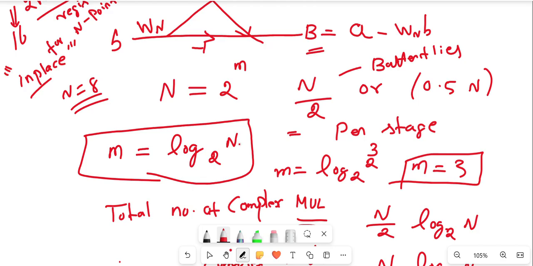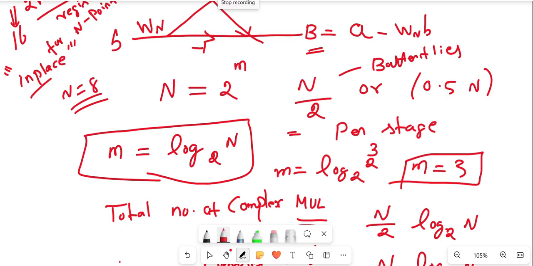So, in the next session we will discuss the complete 8-point butterfly structure, and we will take some examples of how to compute 8-point decimation in time FFT and decimation in frequency FFT algorithms, and IDFT and N-point DFT.